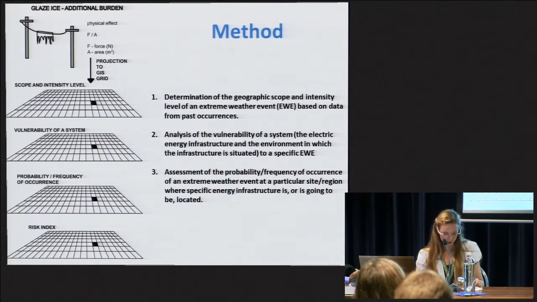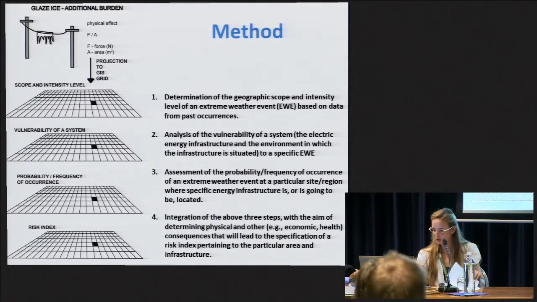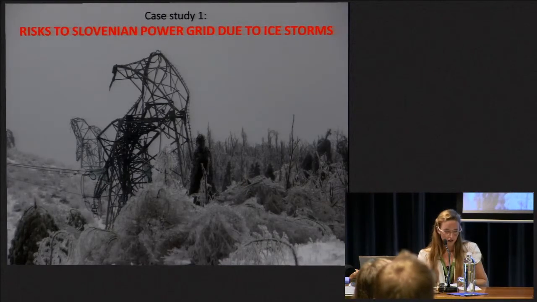All these steps are then integrated to obtain a risk index of each event, and these combinations are similar to ordinary risk matrices. I will now present how this approach has been applied.